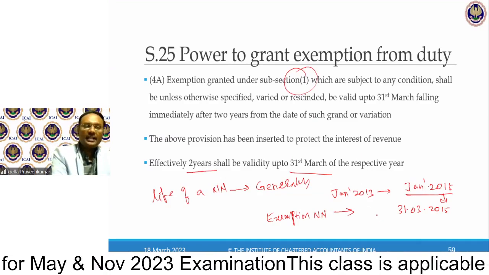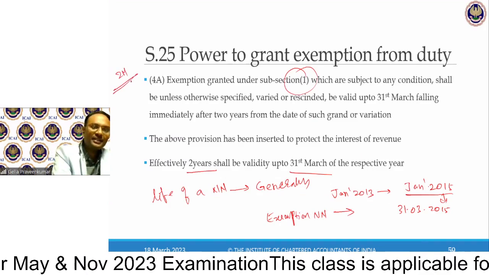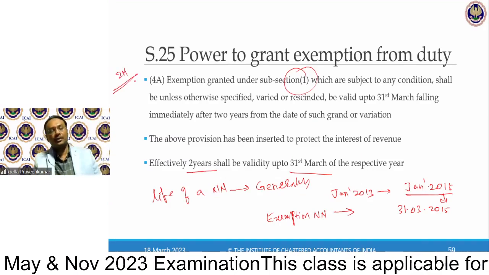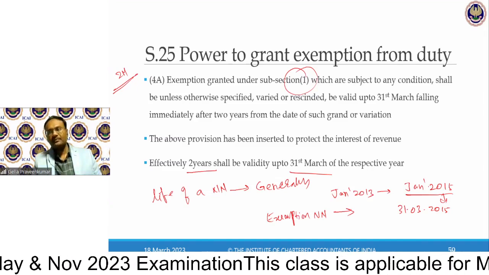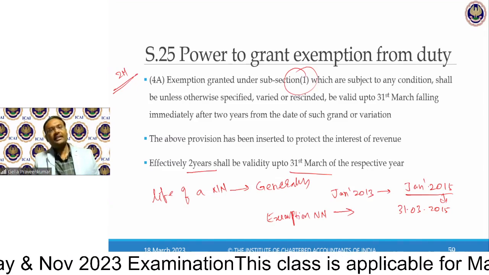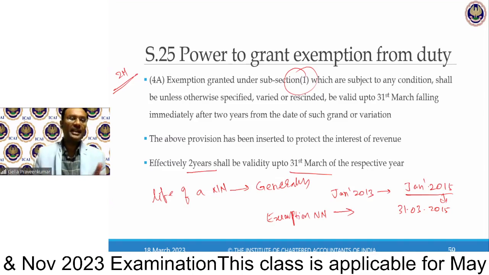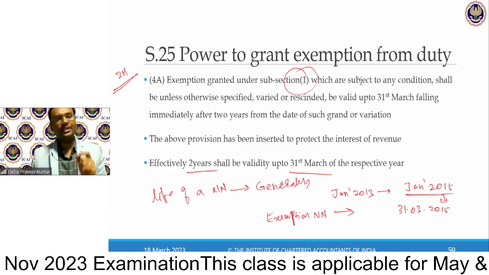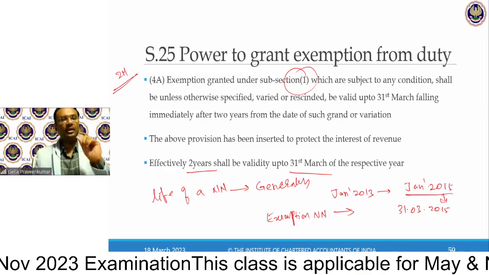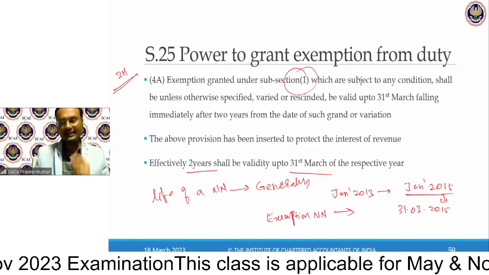Now, I expect a 1 or 2 marks question in your examination based on subsection 4A. May 2023, please wait and watch for it, because this is a recent amendment that happened in 2022. Wait and watch for a 1 or 2 marks question on the applicability or life of an exemption notification issued under subsection 1.